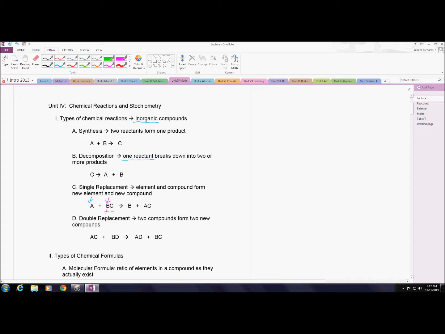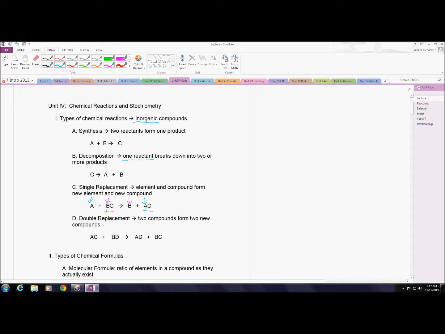So I have an element and a compound producing an element. So here's the element and a new compound. So the A replaced the B. One thing got replaced. Now I know A must be something with a positive charge because it's first in this compound.